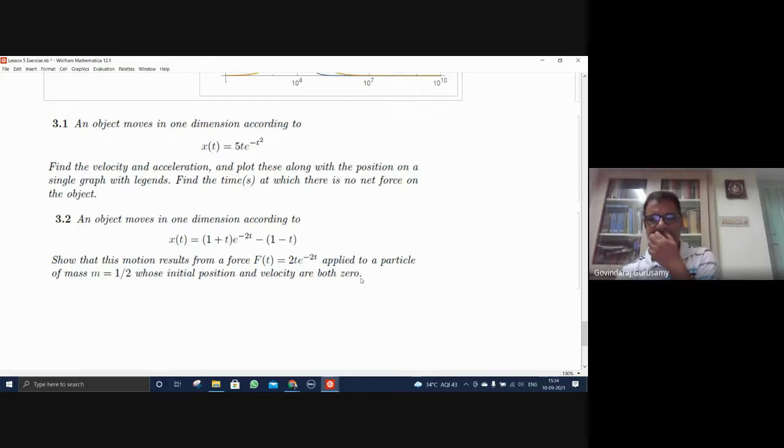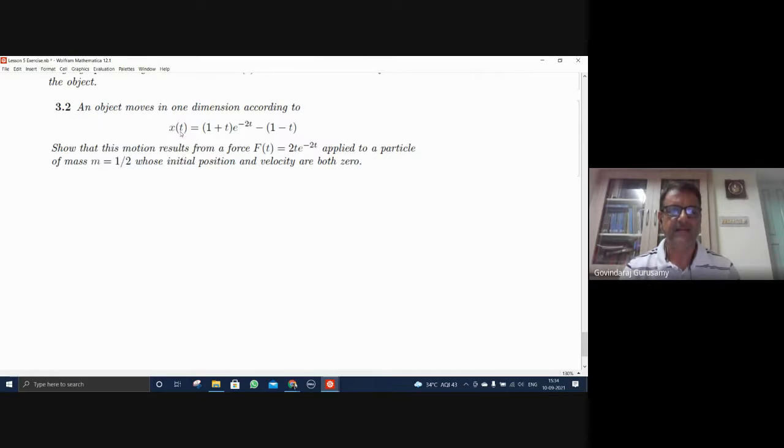So this is another way to put the problem. Here x of t is a little different from what you have here. You have to take derivative 1, derivative 2. This is applied to a particle of mass m equal to half, whose initial position and velocity are both 0.